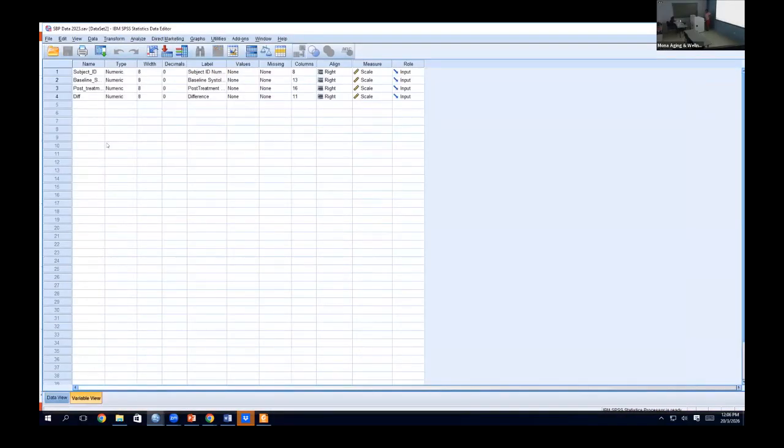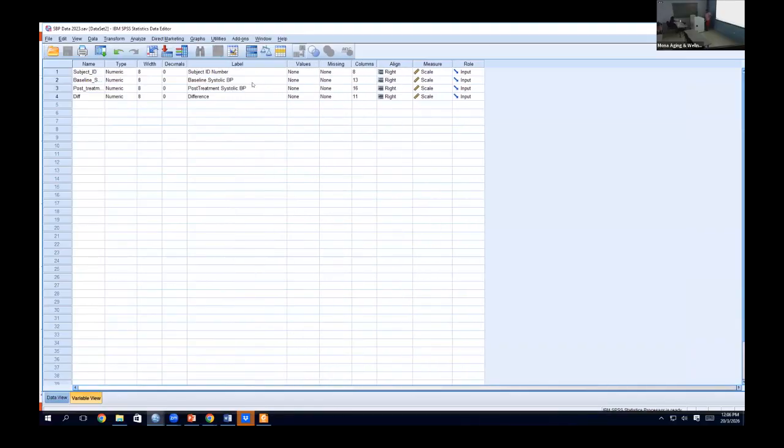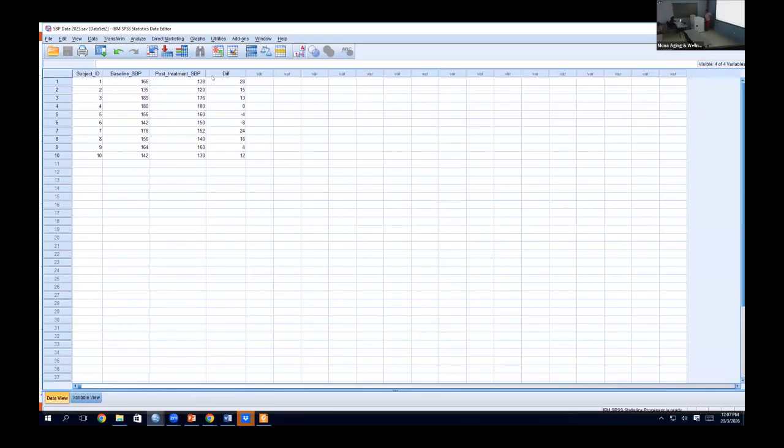All right, so we have our ID number, we have our baseline reading, we have our post-treatment systolic reading, and we have the difference. The difference is defined the same way, baseline minus post-treatment, so we're expecting similar interpretation.